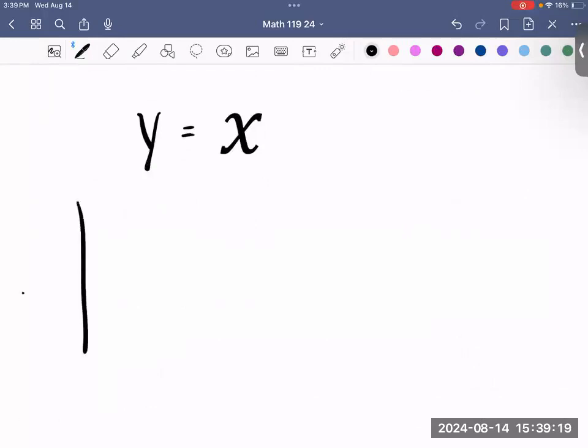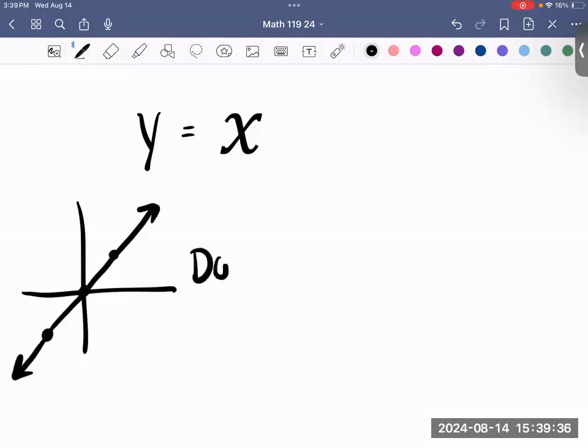If I asked you to graph it, you can pick whatever values you want for x, right? X is 0, y is 0. X is 1, y is 1. X is -1, y is -1. So you're creating a nice solid line, in which case there's no restrictions, there's no holes, there's no vertical asymptotes. We don't start in a funny position. So your domain here is all real numbers.